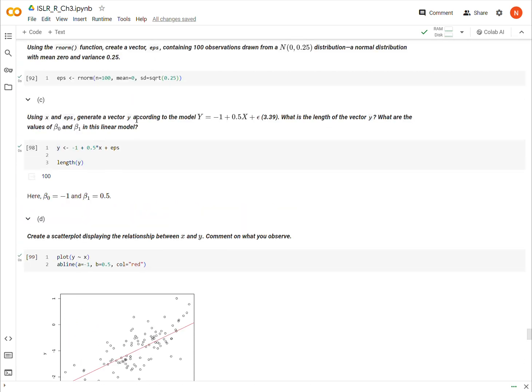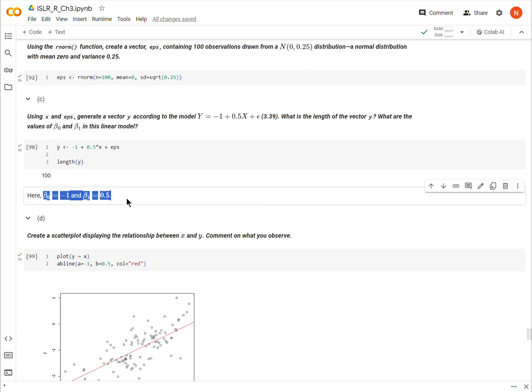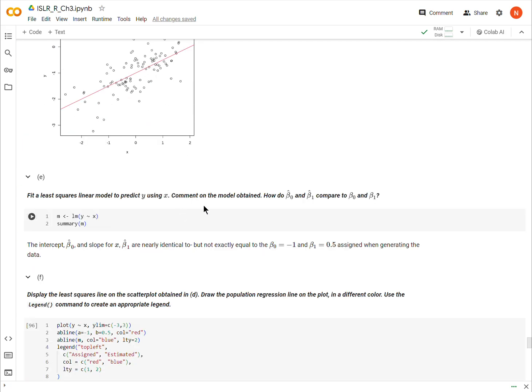And so even though we've assigned beta naught and beta 1 to be these values, because of that randomness in x and epsilon, a regression may not reveal exactly those values. In fact, it probably will not.